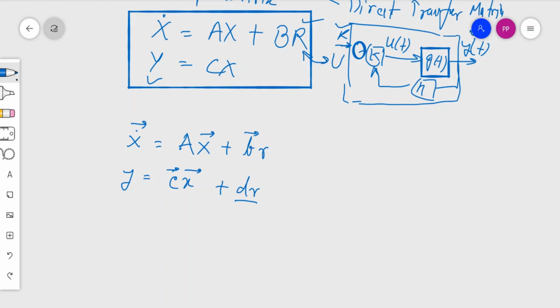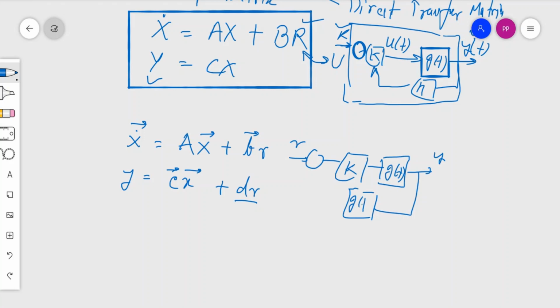So they assume that this is a single input single output system where you have a single plant G(t) having a single controller, and there is a single input, so R(t), there is a single output Y(t), and again there is a single filter H(t).